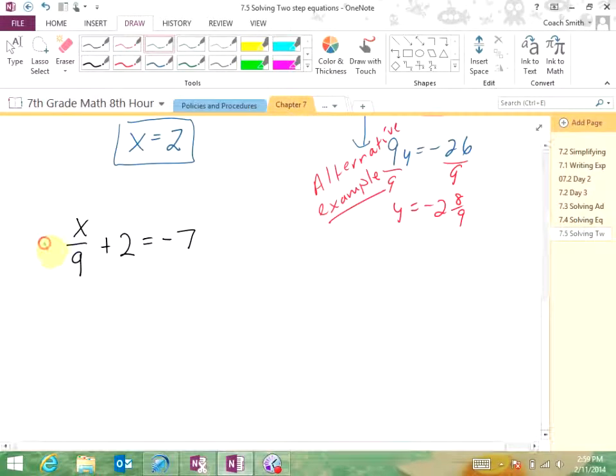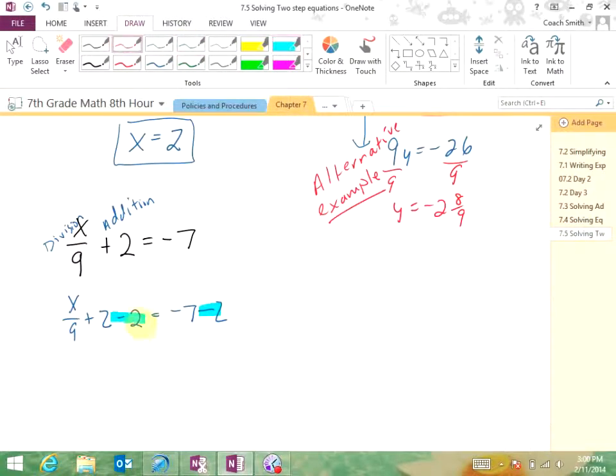We have division here, and we have addition here. Well, I just said that you do the addition and subtraction first. So that means I'm going to have x over 9 plus 2 minus 2 equals negative 7 minus 2. Once again, this is the part that we're using to solve, the subtracting 2.